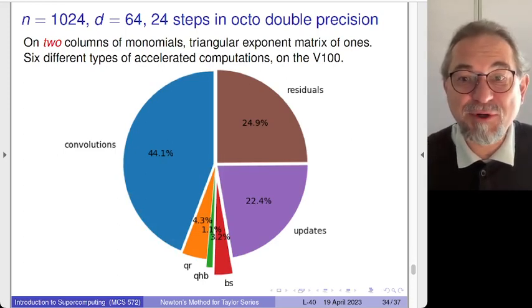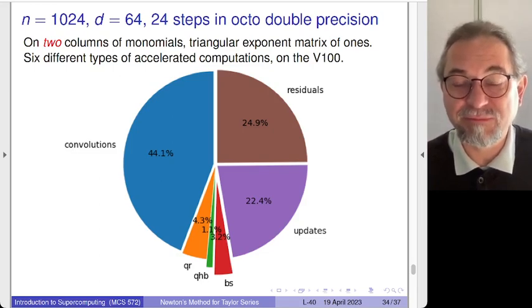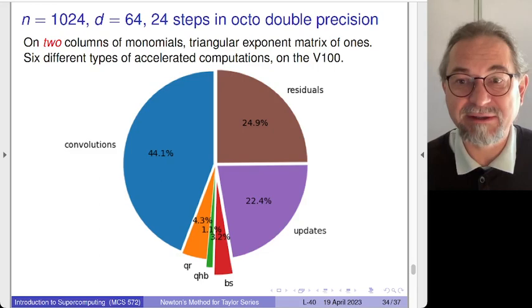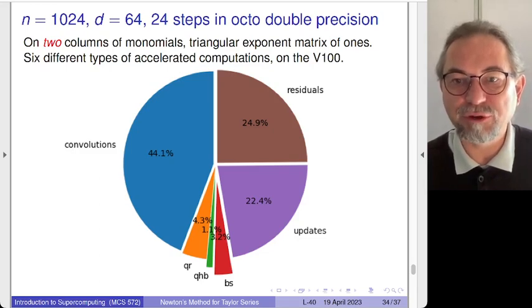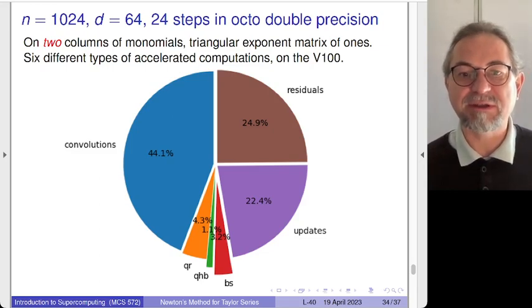If your systems become more and more general, so you go to 2 columns now, then you see that convolutions are at 44%. And this is the good news, because the convolutions are something that can be worked out in a very fine-grained parallelism. And for that, we can occupy our GPU very well with the convolution jobs.